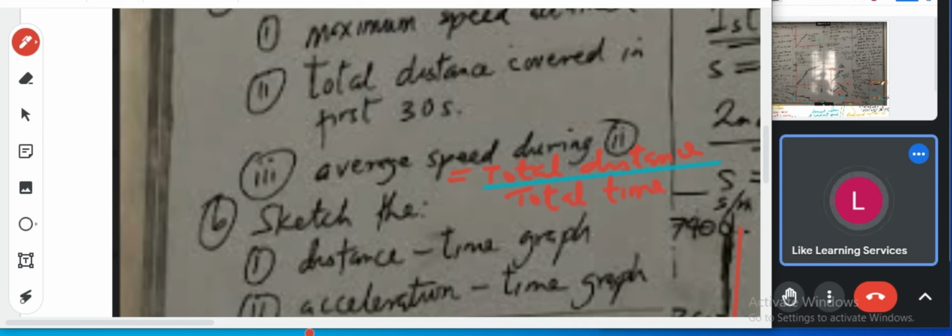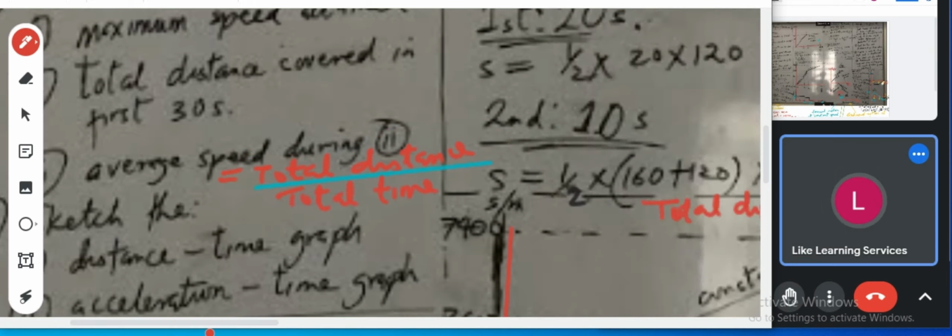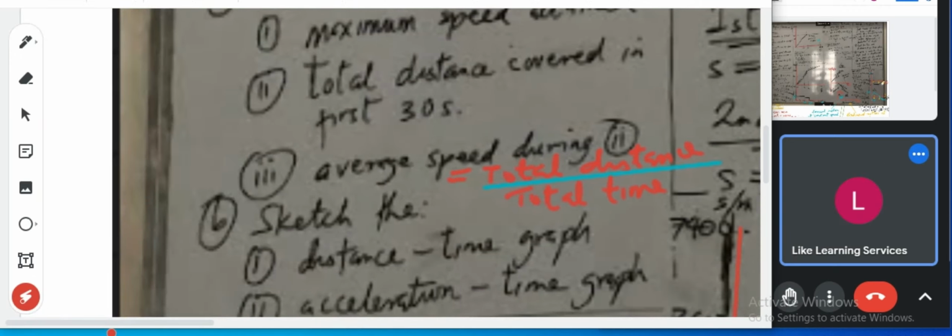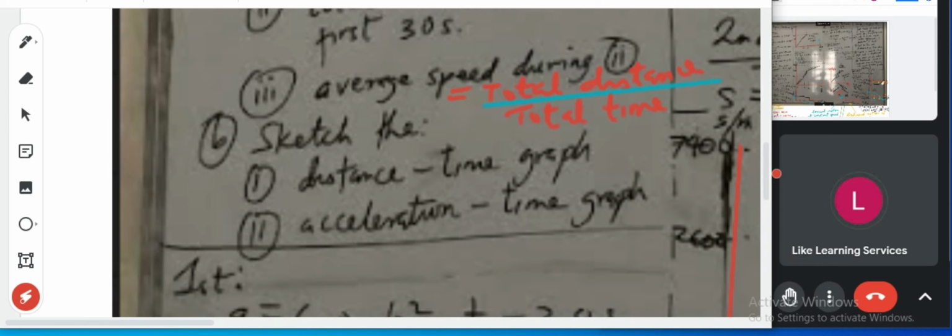Whatever the total distance was, we divide it by the total time, which is 2,600 over 30. Now, the point of more concern to me at this point is the sketching. Sketch the distance time graph.